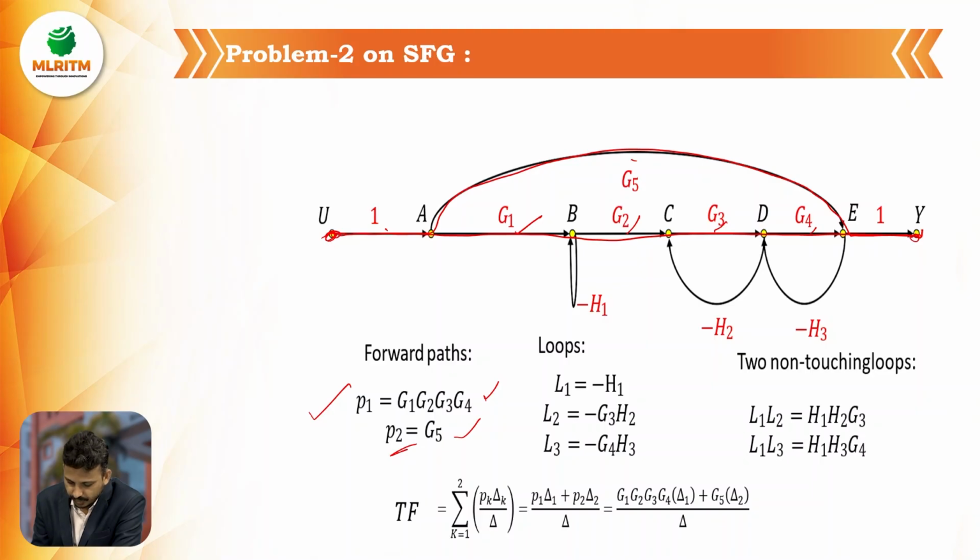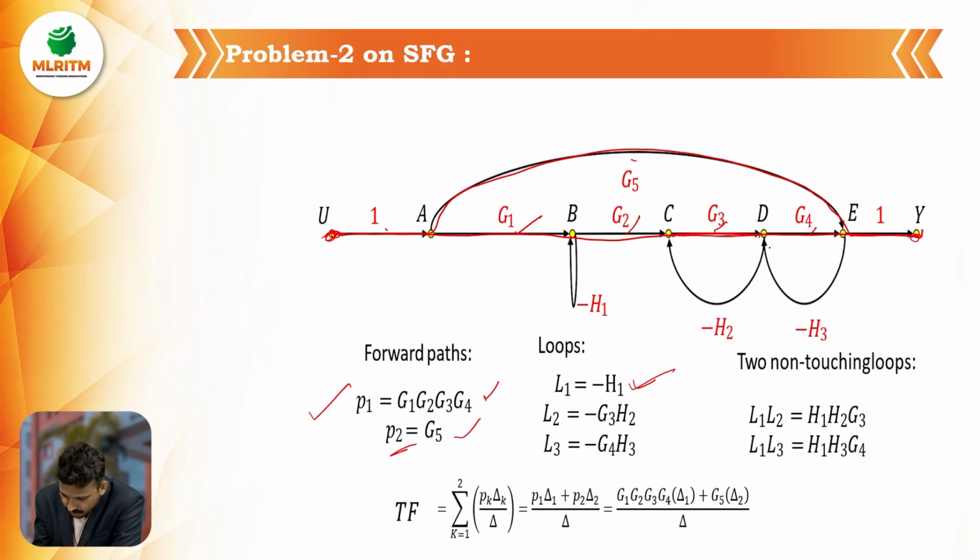The first loop is L1. See here, this loop starts at this point and ends at the same point, so it is a loop. This is loop 1. Now consider L2: G3 on, this is not a loop.